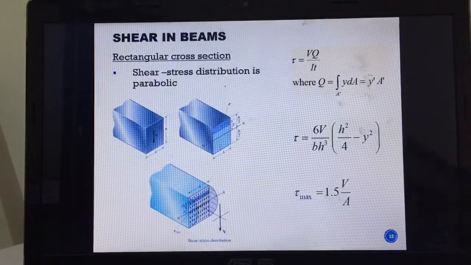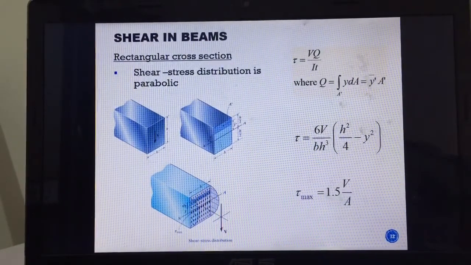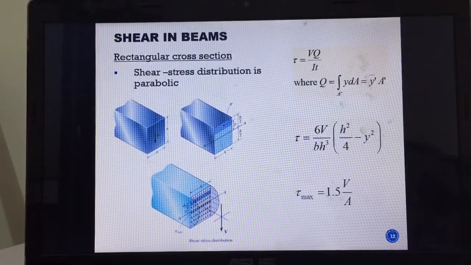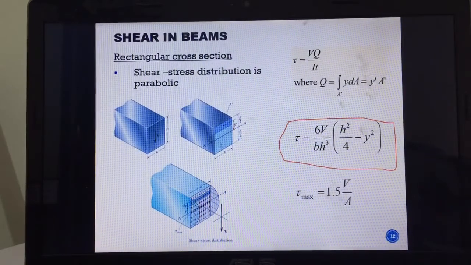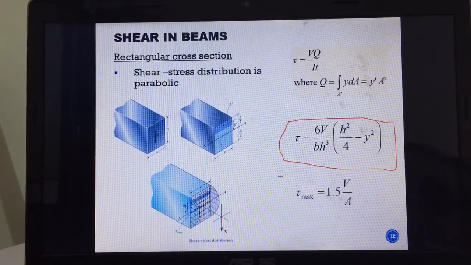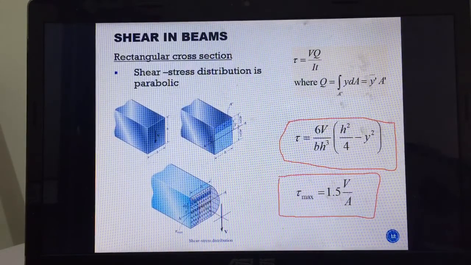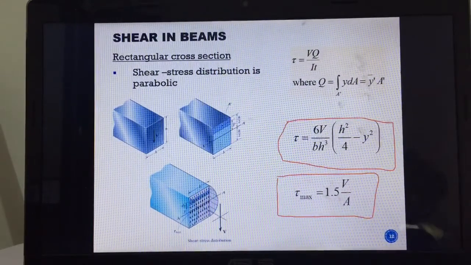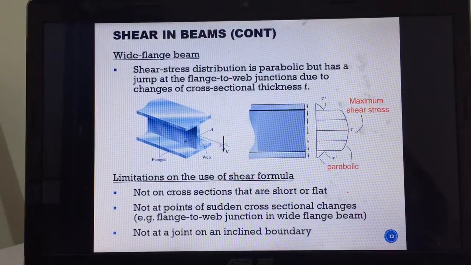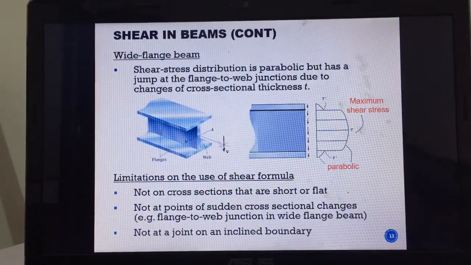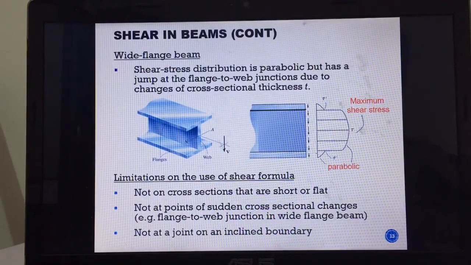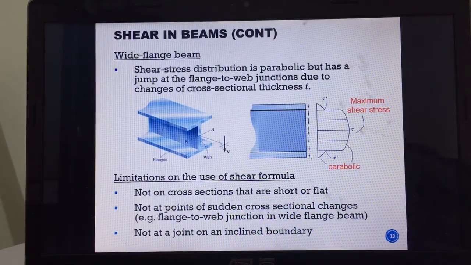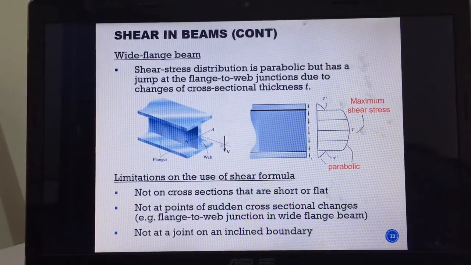If you have a rectangular cross section, you can substitute this Q and this t, and it will become this one. The maximum, which occurs in the middle, you can find as 1.5 V over A. Actually, this shear formula gives a kind of average, an estimation.